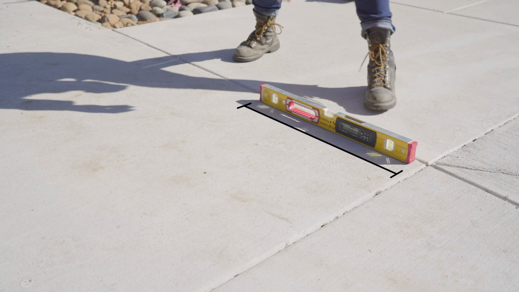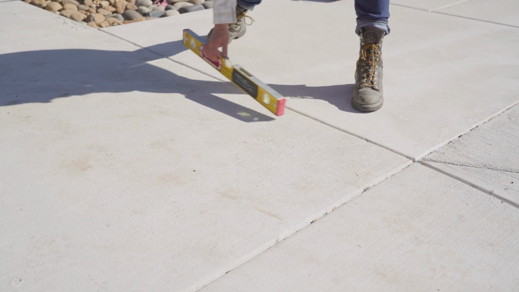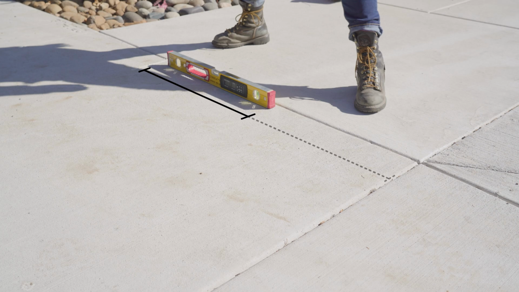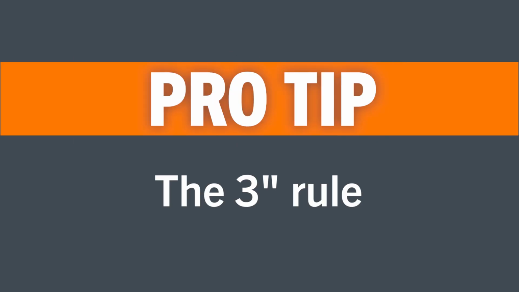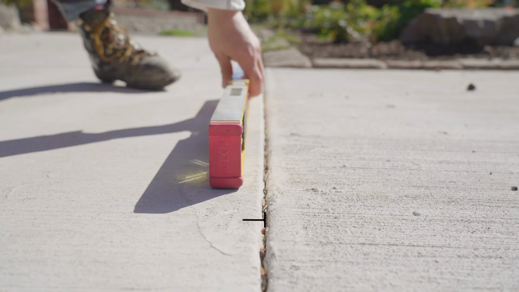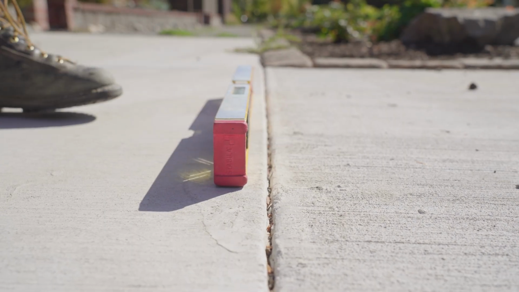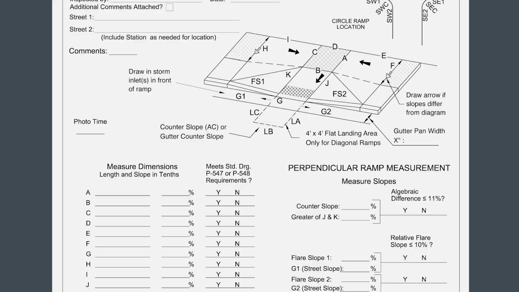Great question. You take measurements every 24 inches and then record the largest one on the form. And by the way, always place your level within 3 inches of the joint, but never on the joint. Okay, that's A. Make sure you record it in the right place.